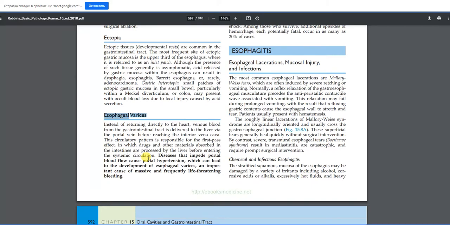The dilation of these veins causes varices, and the walls of these veins are very thin. Due to injury from some tearing food, when you swallow something sharp, it might rupture the vein. It leads to profound bleeding, and this profound bleeding empties into the stomach.